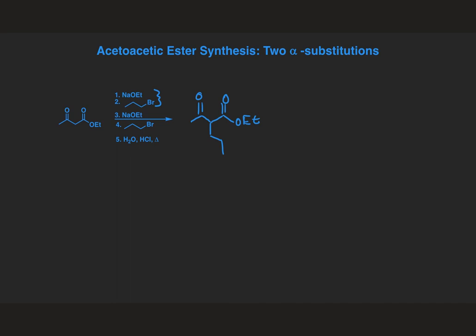And then in steps 3 and 4, we're just going to repeat the process again. And so that's going to add another propyl group to the alpha carbon. One, two, three, and then 1, 2, 3. So we've got dipropyls now.